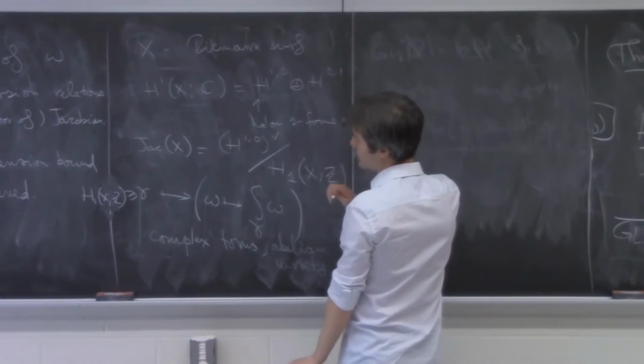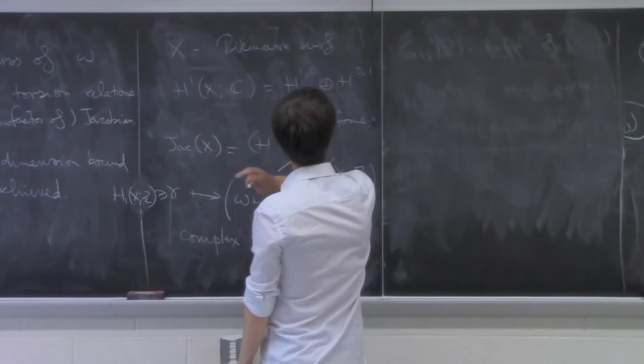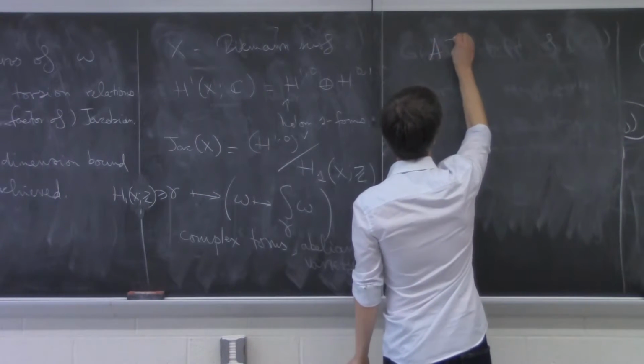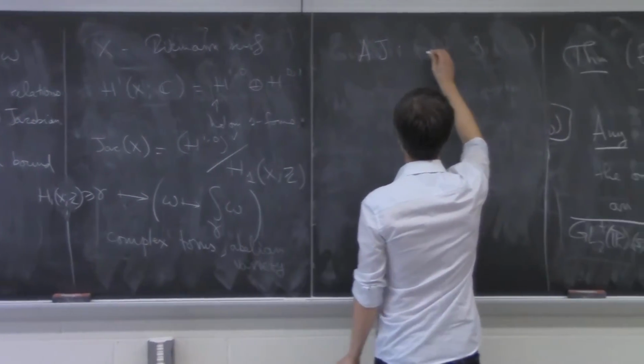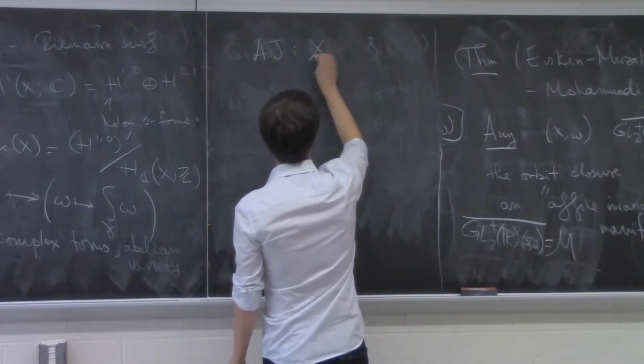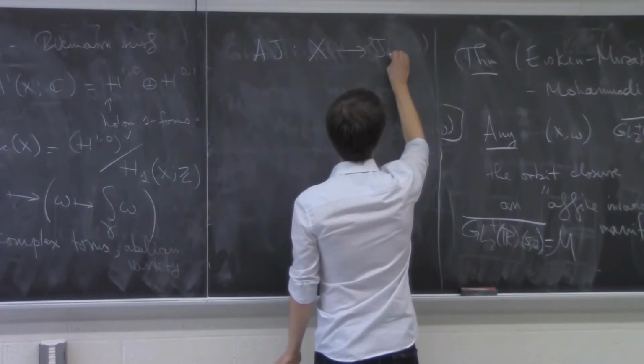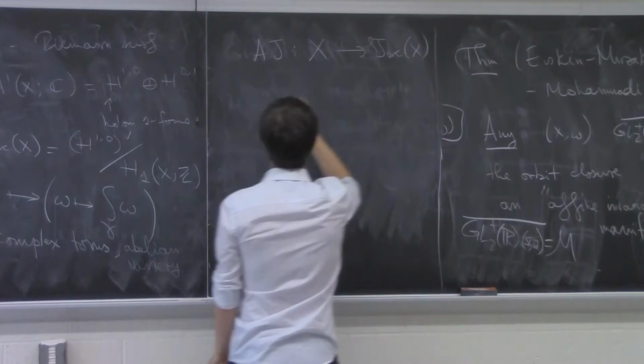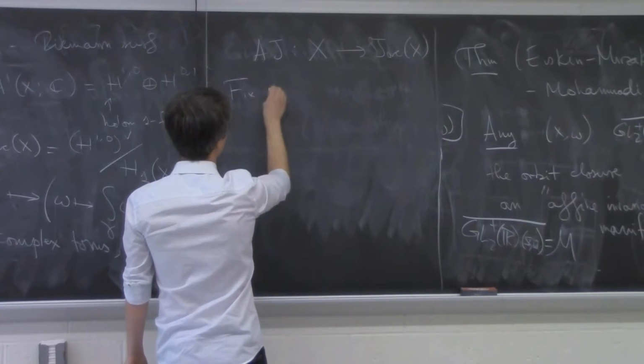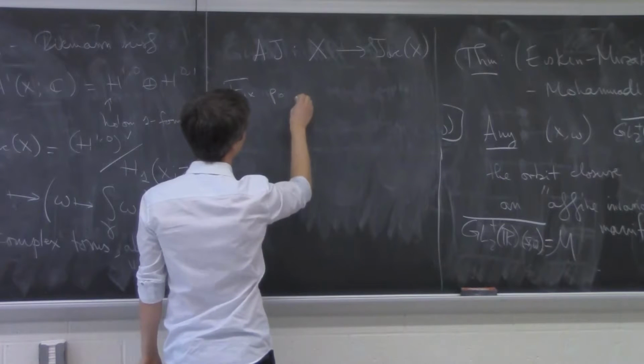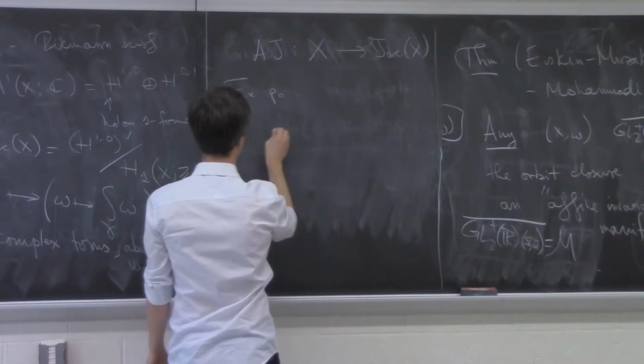And the torsion condition is related to the following. So you have the following Abel-Jacobi map from X to the Jacobian of X. So what you do is you fix some point p_0, and then, so here's your Riemann surface.